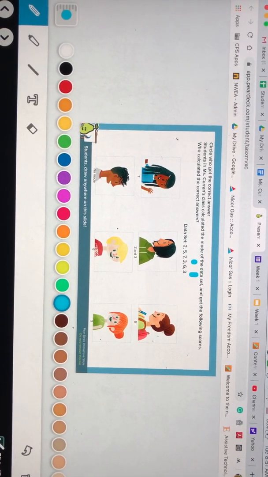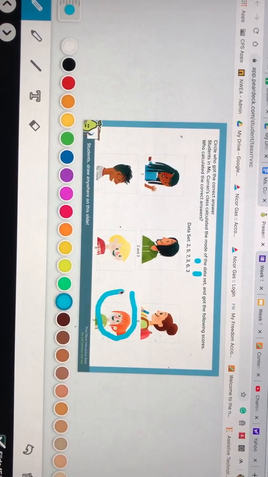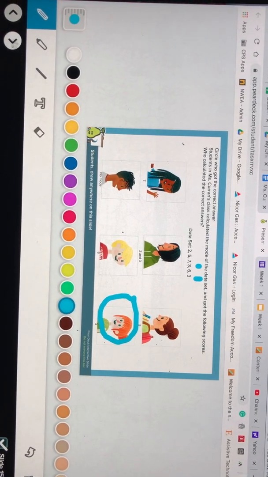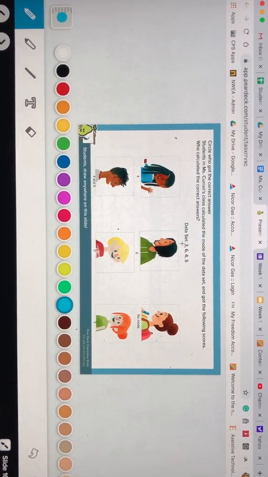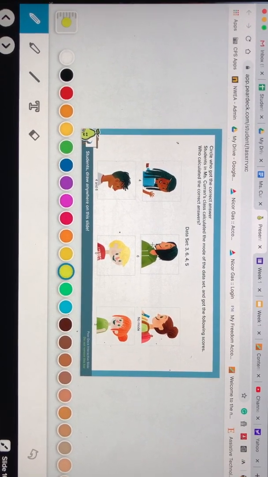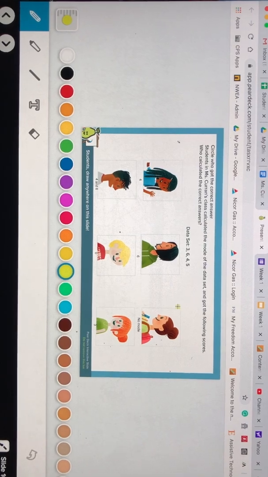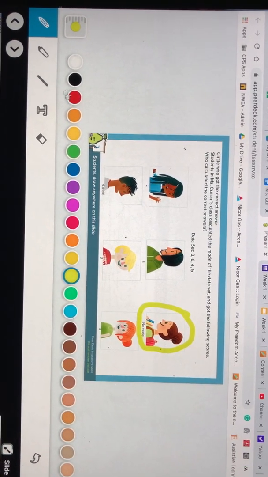Okay, so the answer should just be 3. Next example, looking at our data set, I do not see any number used more than once. So our answer is no mode.